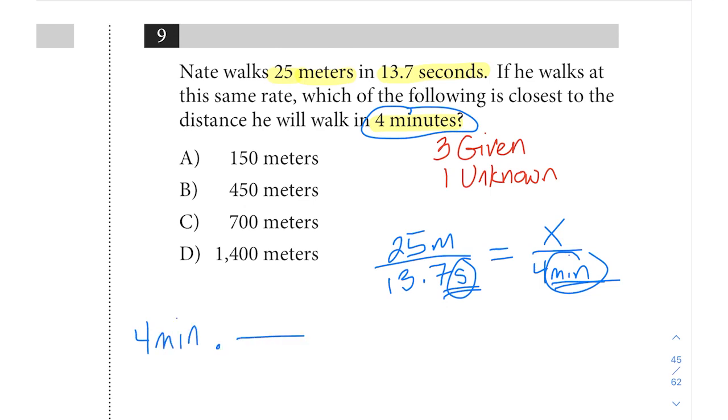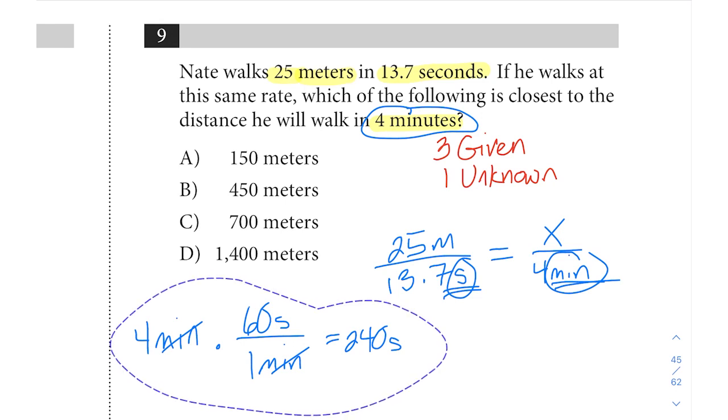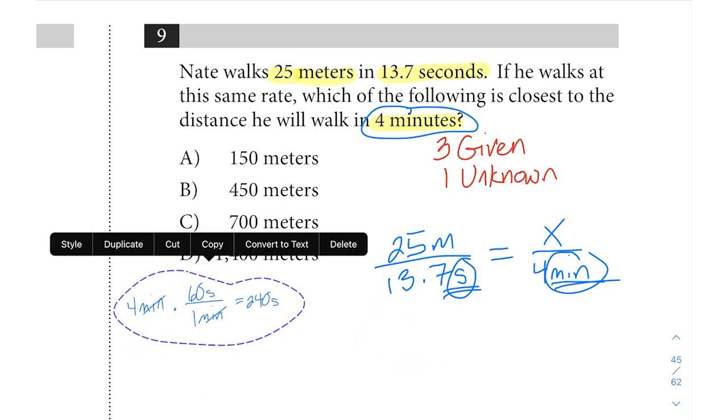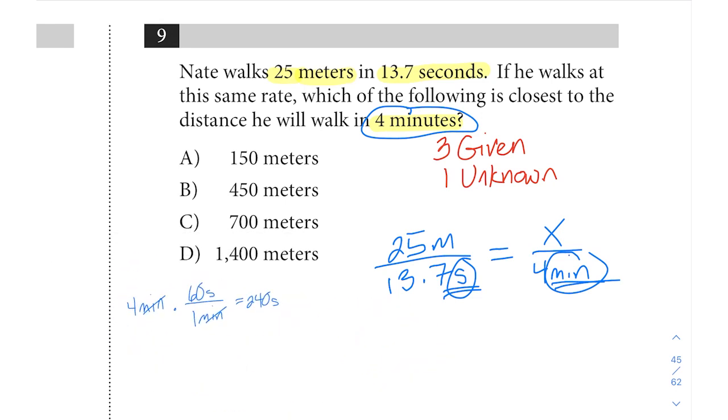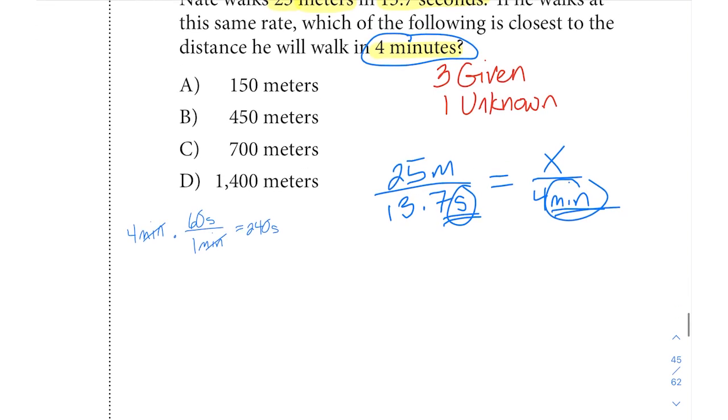So here, 4 minutes. 1 minute is equivalent to 60 seconds. And if we multiply that out, our minutes would cancel, and we are left with 240 seconds. And let me minimize this and just move this over to the side a little bit.